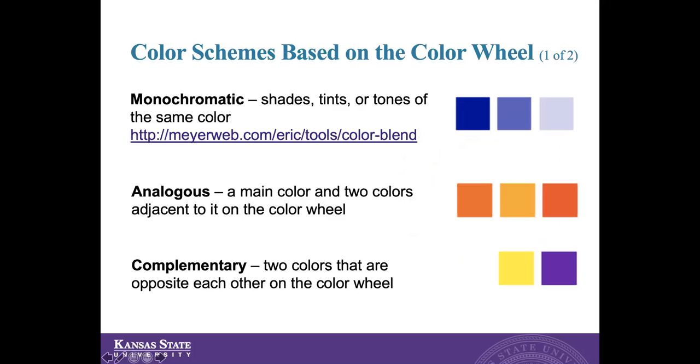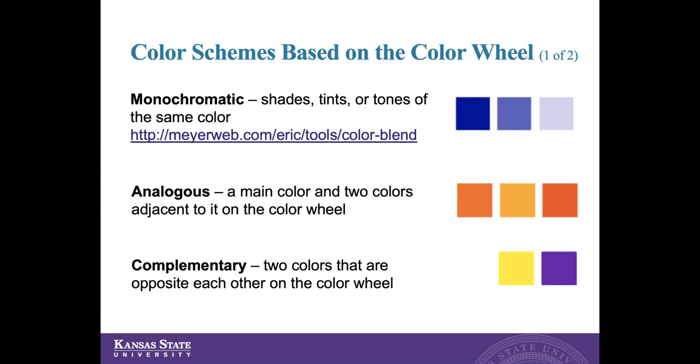When we're talking about color schemes based on the color wheel, we can do what we would call a monochromatic color scheme, where we have one color and then different shades, tints and tones of that color.